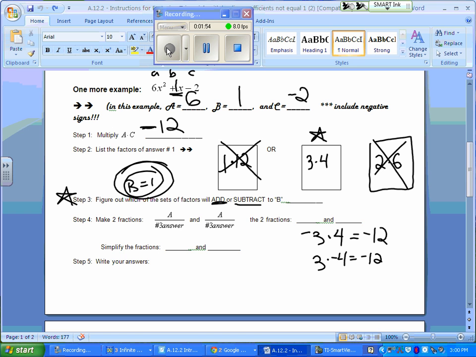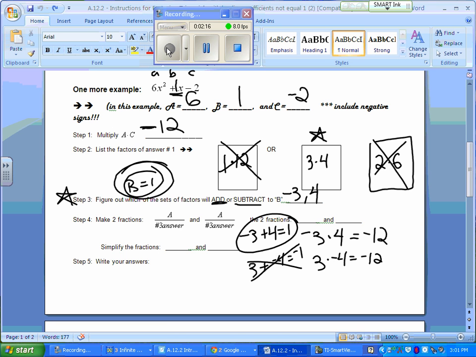If I do negative 3 plus 4, I would get 1. But if I do 3 plus negative 4, I would get negative 1. So the answer I'm looking for has to be negative 3 and 4.